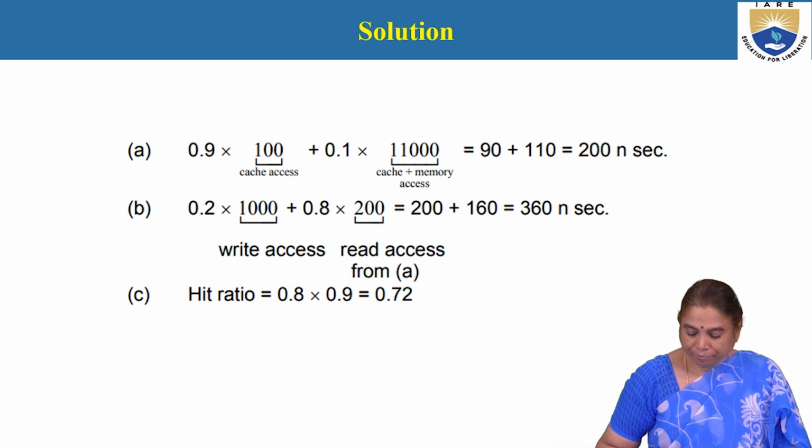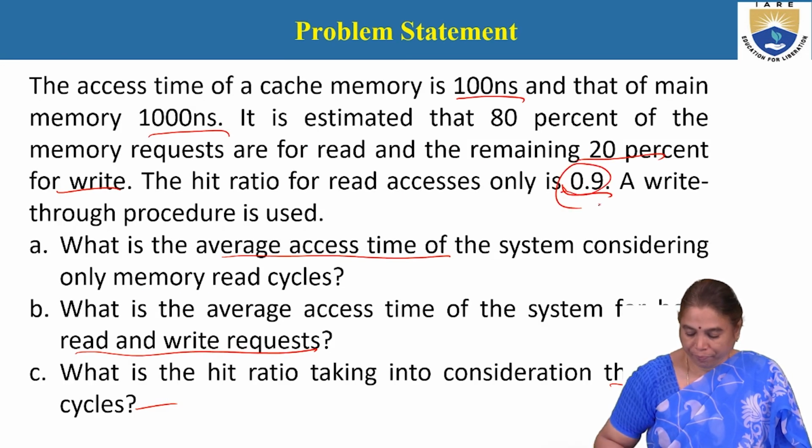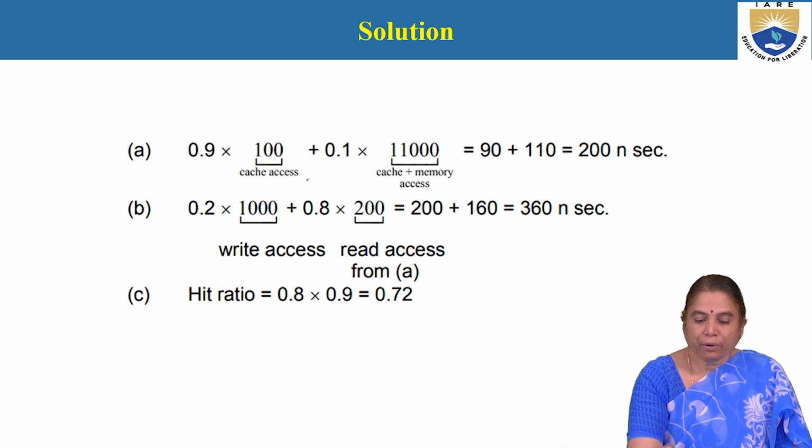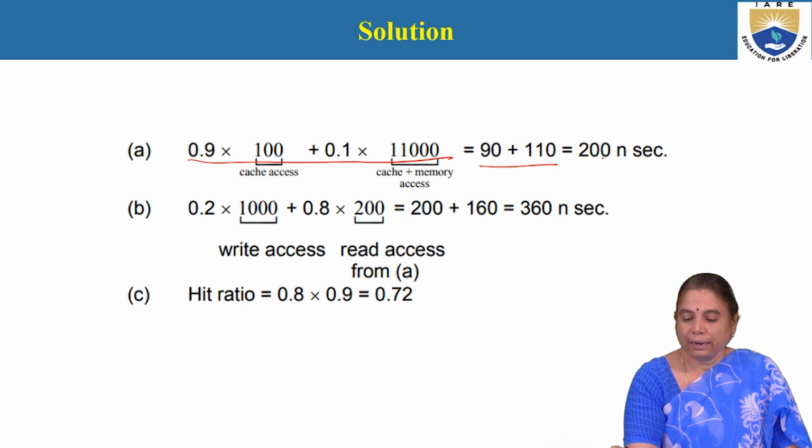Here, 0.9 is the hit ratio. So 0.9 into 100, the cache access of 100 nanoseconds, plus 0.1 into the cache plus memory access of 1100. This is equivalent to 90 plus 110, that is 200 nanoseconds, to perform the read operation.